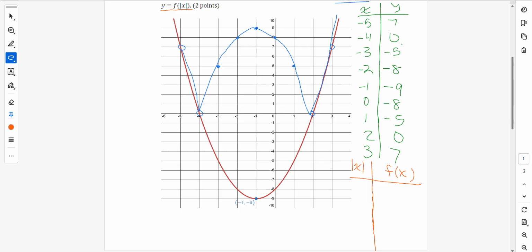So when we plug in the value of -3, it becomes +3, because the absolute value of -3 is 3. The value of 3 is 7.